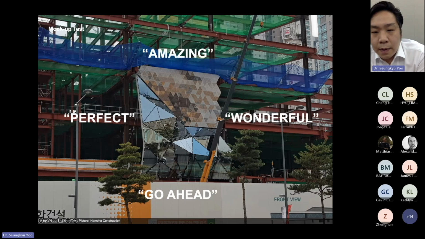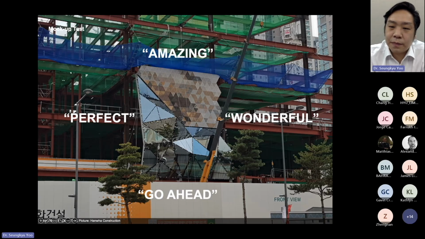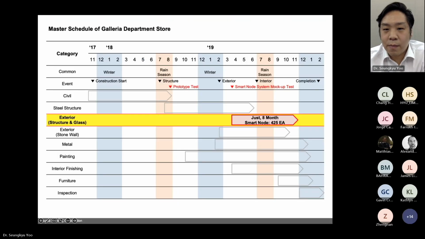At that time, the OMA chief designer and his colleague said, "Yeah, amazing and perfect, and wonderful." And then the general contractor said, "Go ahead right now." And he said, "We don't have much time.